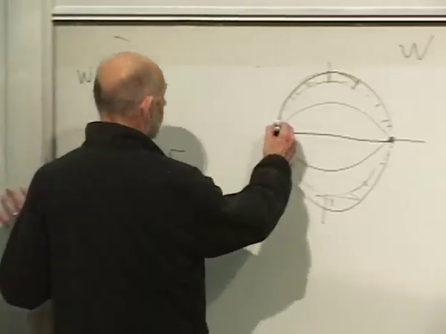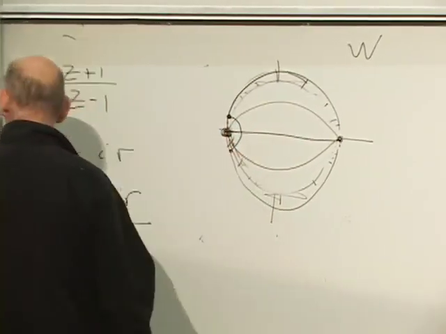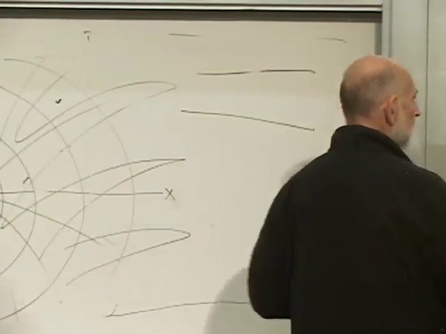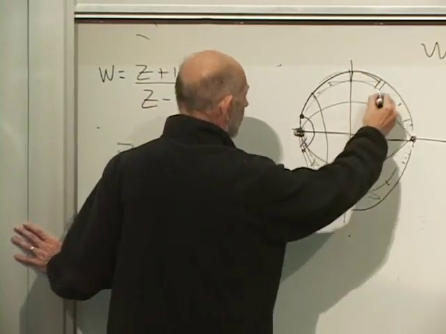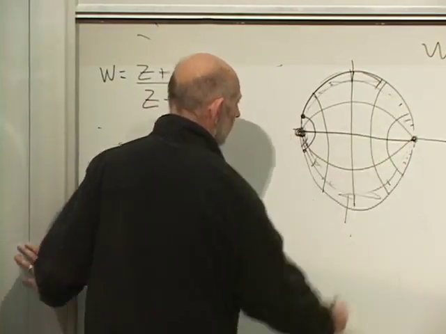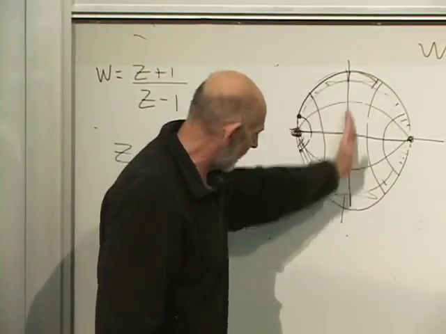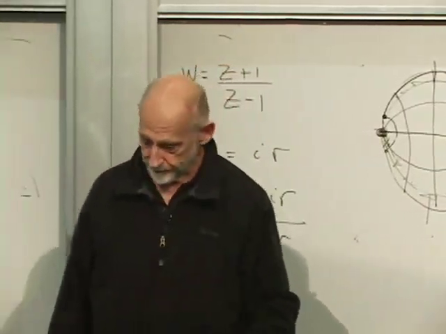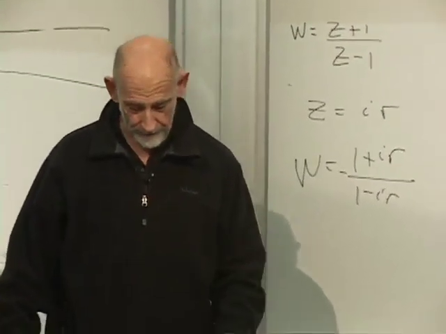But as you move out, you go like that. They get turned a little bit inside out as you go from here to here, so that their curvature is in the opposite direction. Yeah, they are also circles.